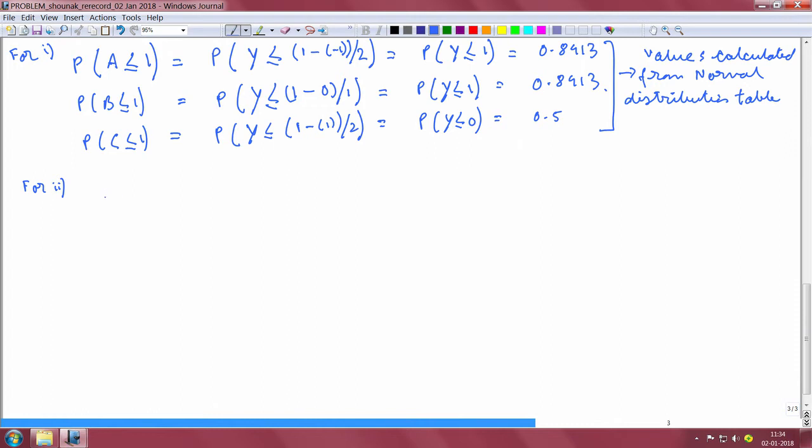We have to calculate probability that A is less than minus 1, which is equal to probability that Y is less than minus 1 minus of minus 1 by 2, which is probability that Y is less than 0, equal to 0.5.